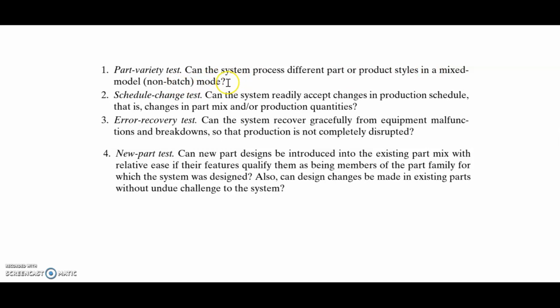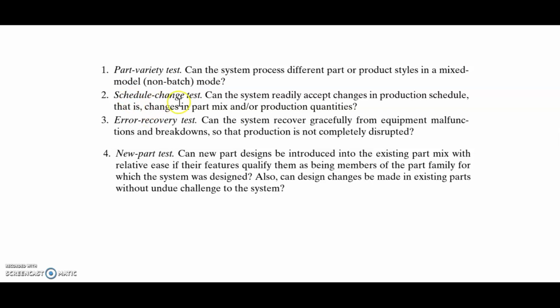In the normal batch mode, parts or products are produced in a specific quantity in a specific time frame. In a non-batch mode, there is no specific quantity to produce the parts. So if the system can accommodate different part or product styles in the non-batch mode, then we can say that it passed the part variety test.